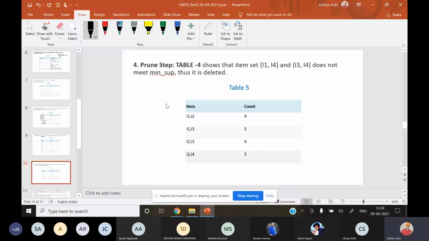I1, I2, I3. Then I1, I2, and I4. Then I1, I3, and I4. Then I2, I3, and I4.